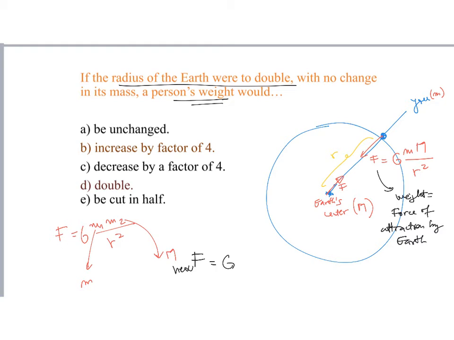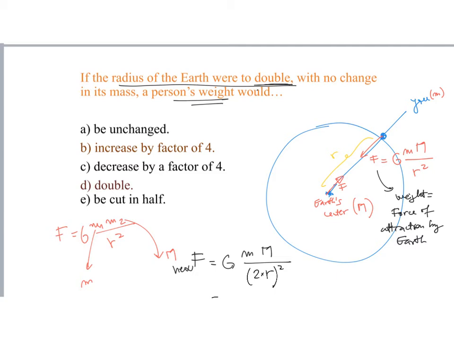It's pretty much like the old force with the same masses. Nothing is said in the problem about any change for those masses, but it says the radius doubles. So we're going to have 2 times the old radius, right? So that's the new distance. It's going to be squared.